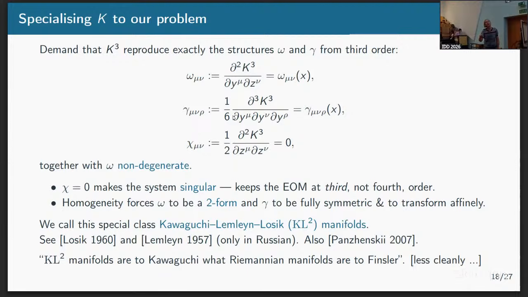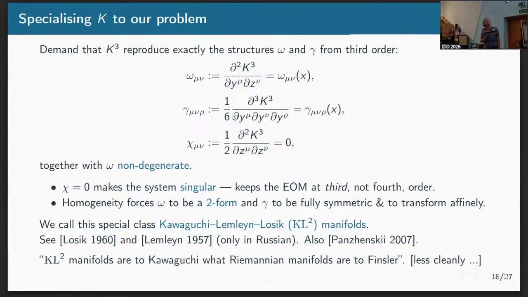So the cubic derivative of k, cubic k, would again depend only on x. And we don't have any other function, so this is kind of singular. This we need to stay in the third order equation of motion. This is our physical, this is not part of geometrical data. For us, omega, non-degeneracy of omega is our assumption, basically, to be able to solve some things.